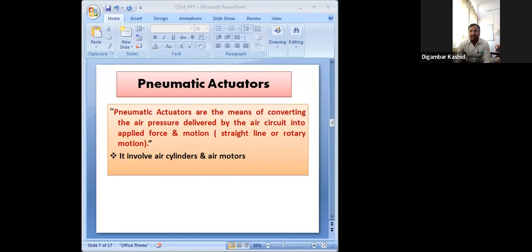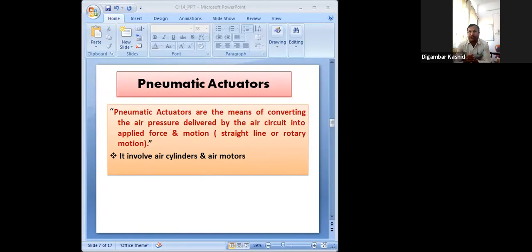That is the definition. Once again, in simple words: the pressurized air is delivered by another element, that is the air compressor. Then that pressurized air is supplied to your pneumatic actuator.